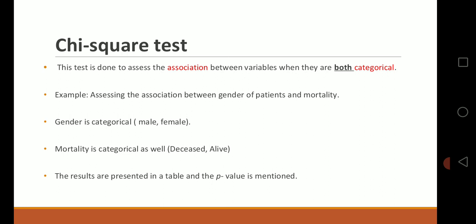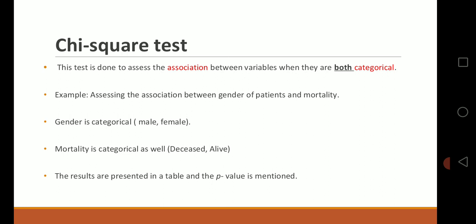If we want to assess two or more variables and these variables are all categorical variables, we use the chi-square test to assess the association among these variables.